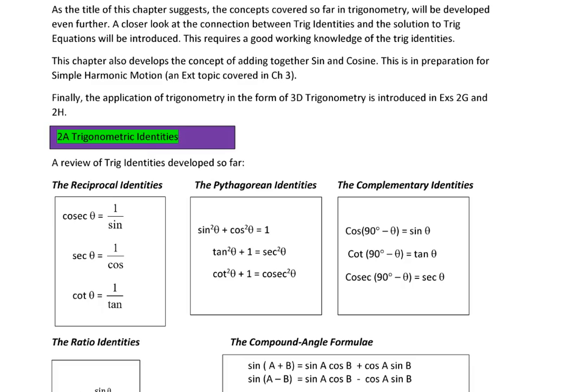And obviously there will be no instruction that that's what you need to do, you just have to look at the composition of the question, identify particular things within a question, and then make the connection to the identity.